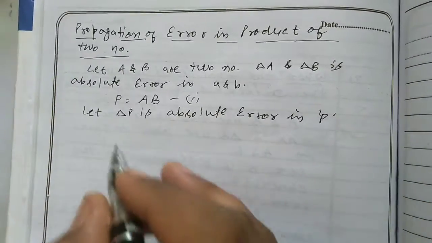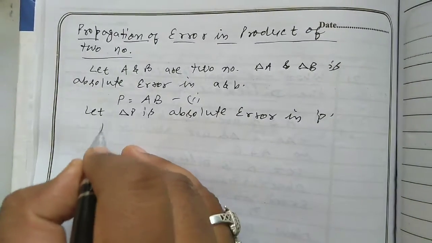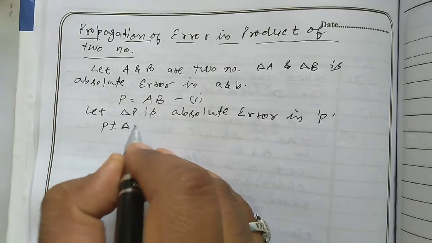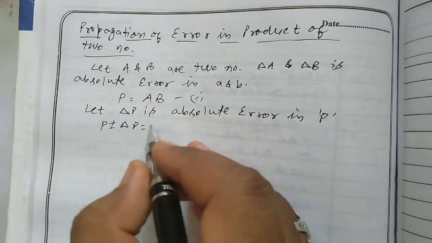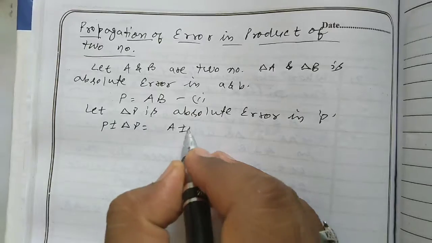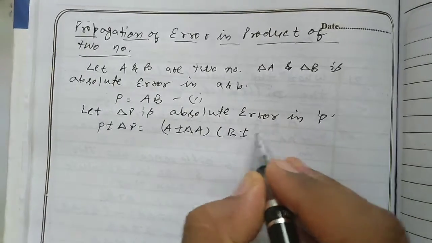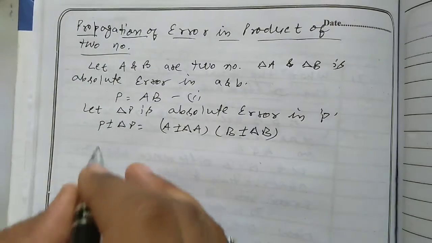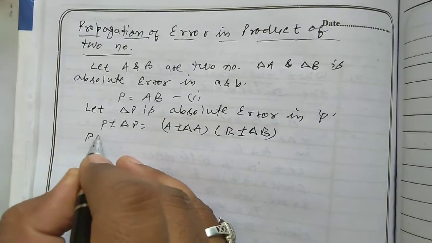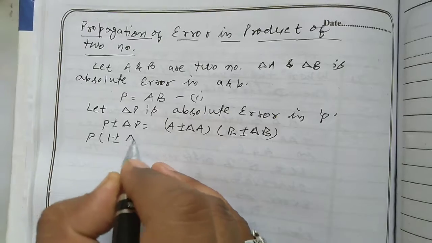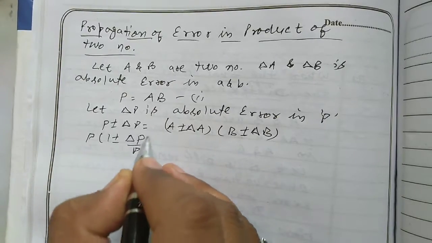Therefore, the first equation can be written as p plus minus delta p. A can be written as a plus minus delta a. B can be written as b plus minus delta b. Now we can take out p common: 1 plus minus delta p upon p.